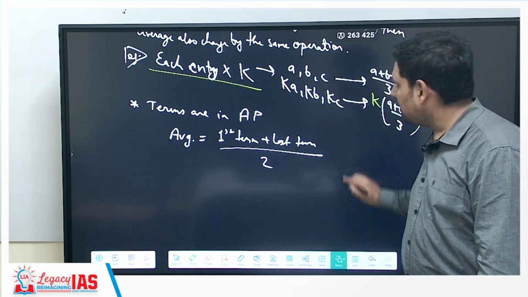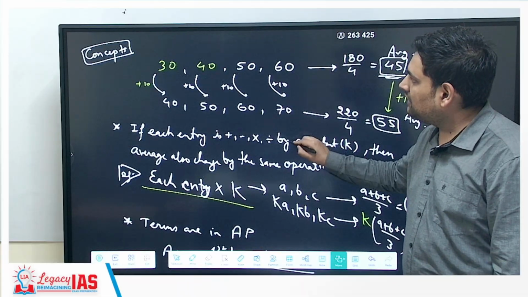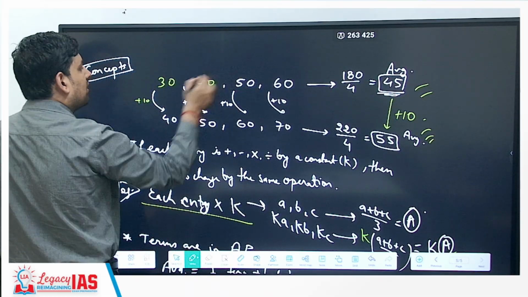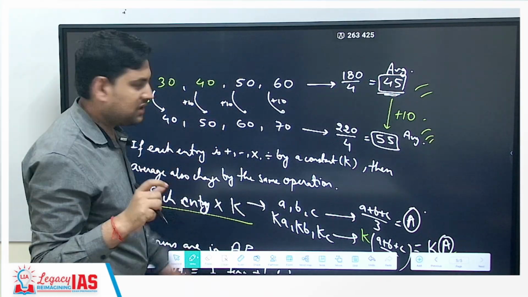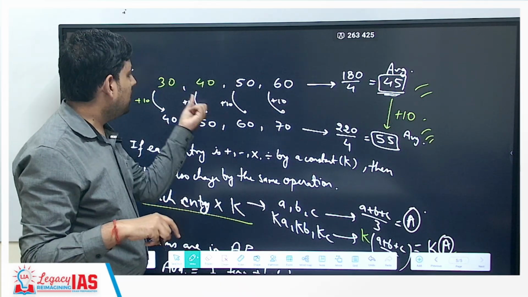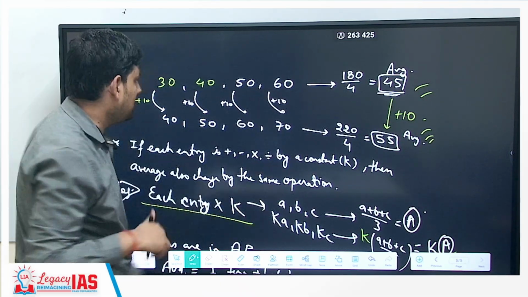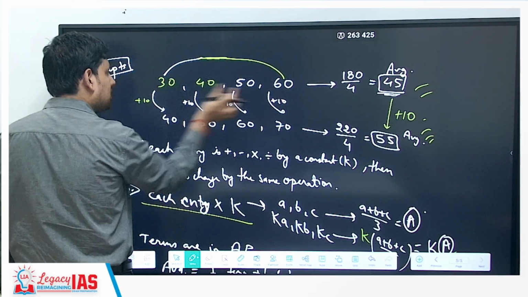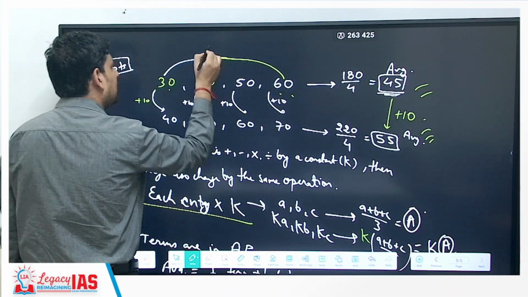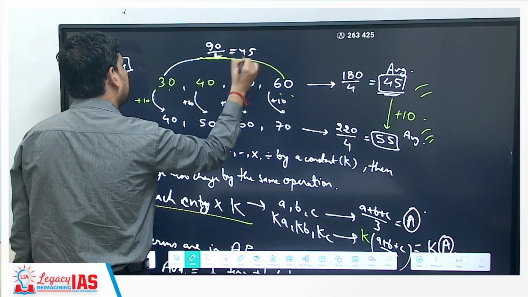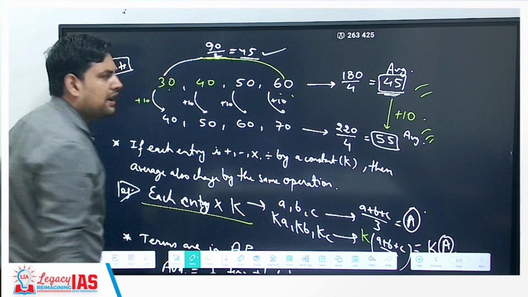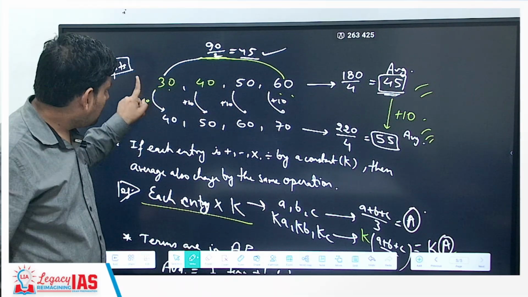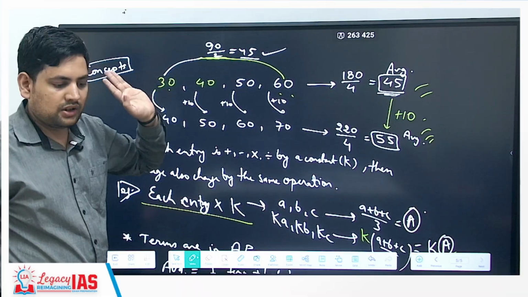Now see, these 30, 40, 50, 60 were in arithmetic progression, meaning they have the same common difference: 30, 40, difference 10; 40, 50, difference 10; 50, 60, difference 10. Now 30 plus 60, that is 90, by 2 is 45. Is 45 not the average? Yes, 45 is the average. So when they are in arithmetic progression, you need not find the sum of all of them, just the sum of first term and last term divided by 2 gets you to the answer.